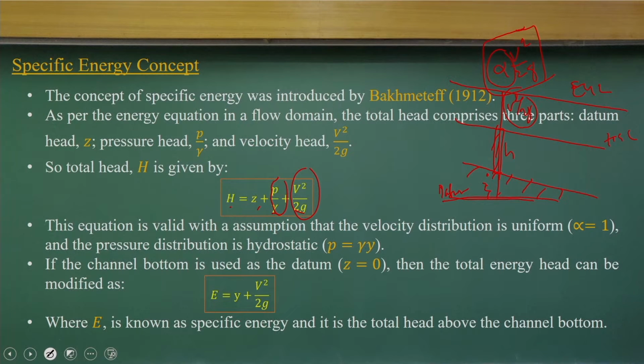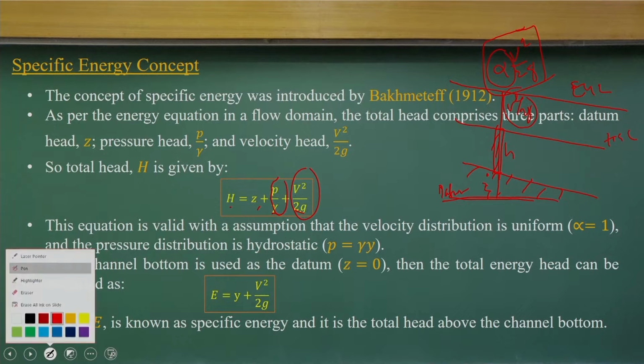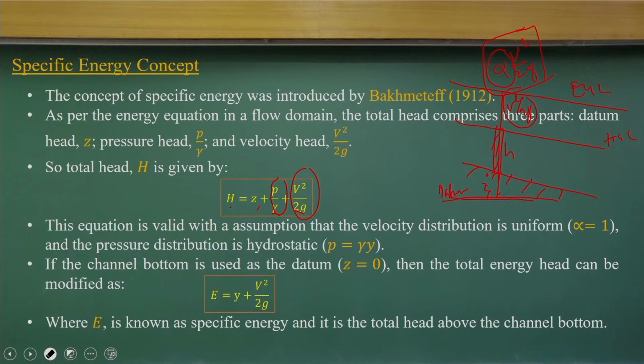Connecting the total energy points is called the energy gradient line. So we look at how the energy varies. What do we do? We make it a bit simpler with certain assumptions.